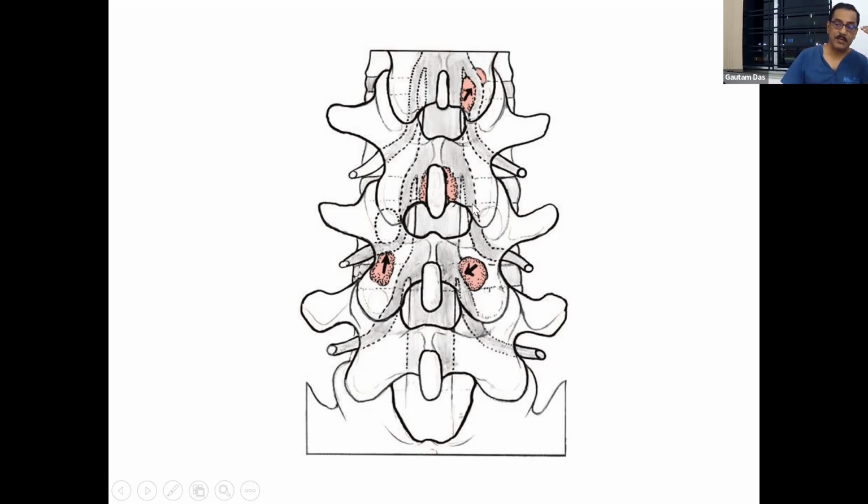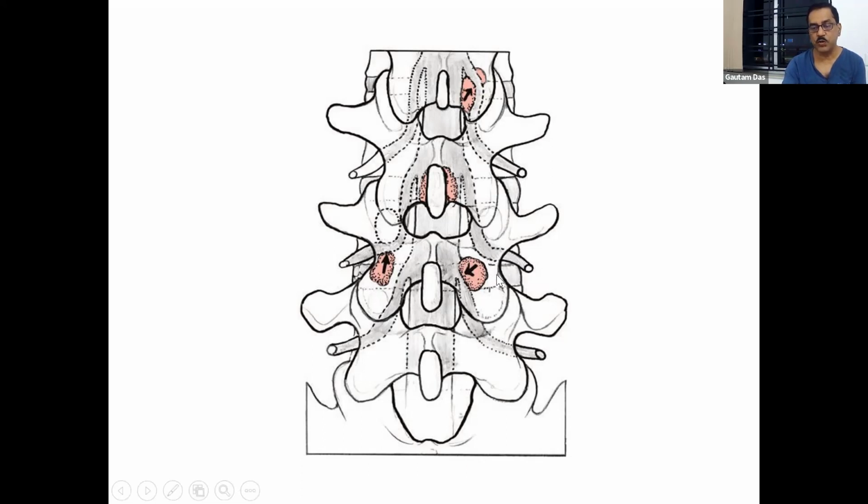That means at the upper level it is traversing, and at the lower level it is exiting. Okay, so remember these things. Another very important thing to remember: suppose this disc is prolapsed, if that is L4-5, normally the L4 nerve root escapes, unless the disc prolapses laterally or goes up.